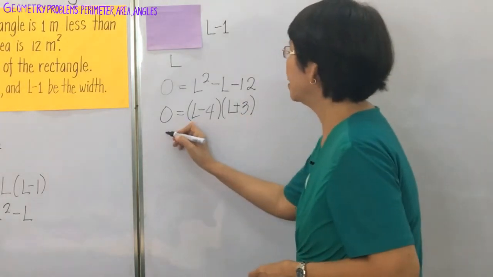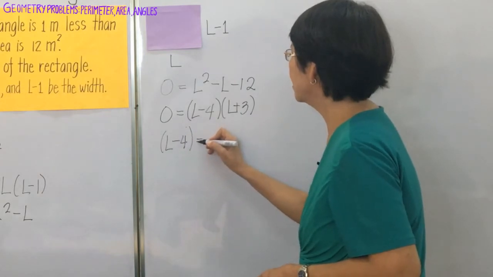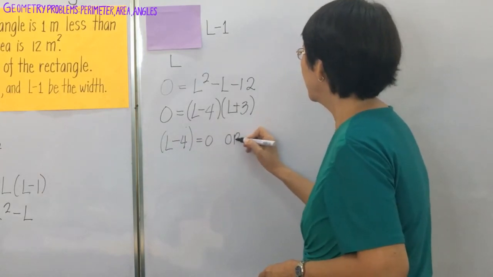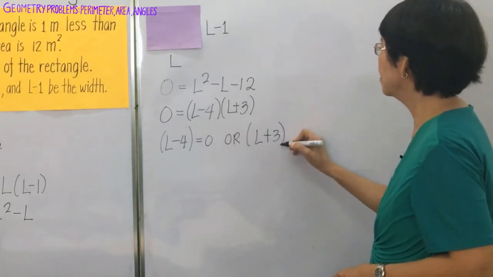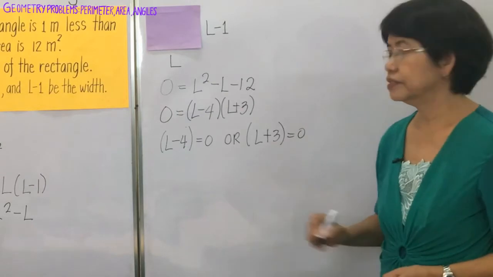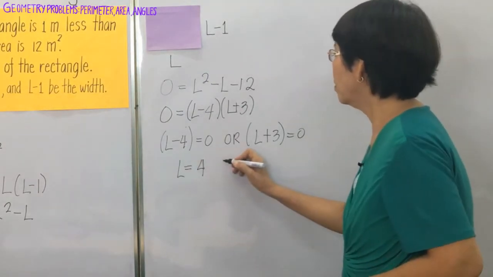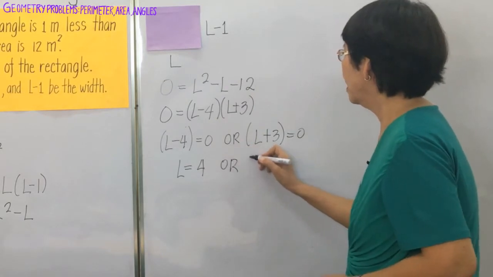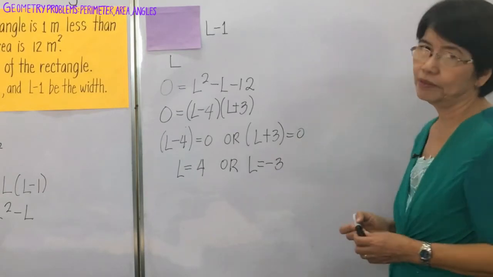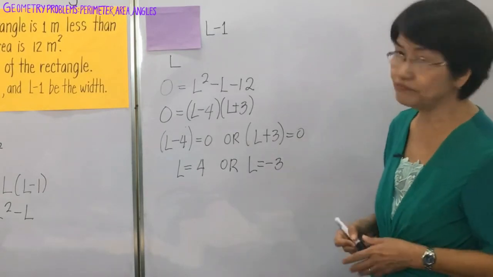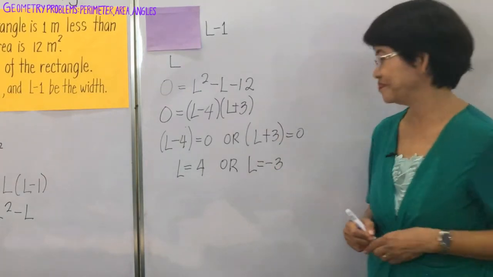And we equate L minus 4 to 0 or L plus 3 to 0. That gives us L equals 4 or L equals negative 3. But since we don't have a negative meter, we will reject negative 3.